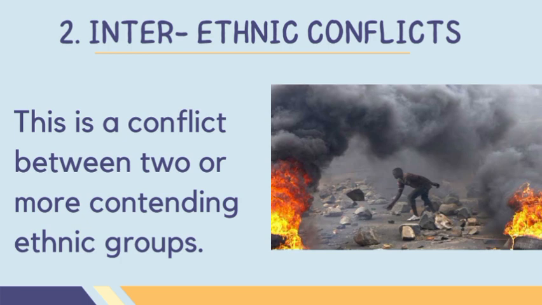Now, for example, Igbo and Hausa can have a conflict, maybe because they don't agree to a particular political leader that will go and lead them, or that will represent them, or due to usage of political and economic power within the society. So that is inter-ethnic.